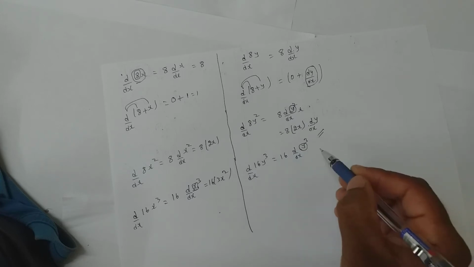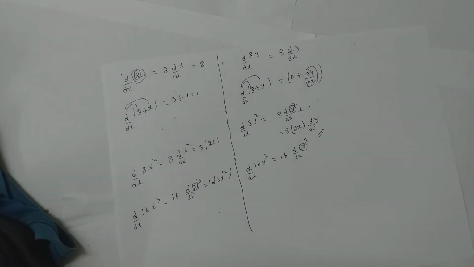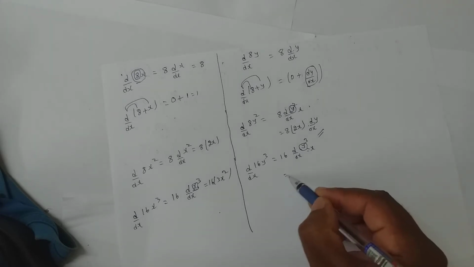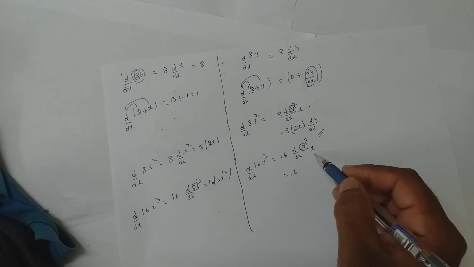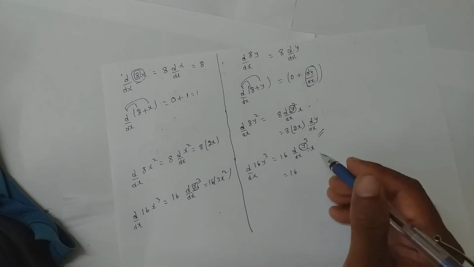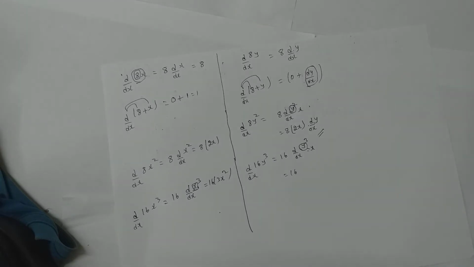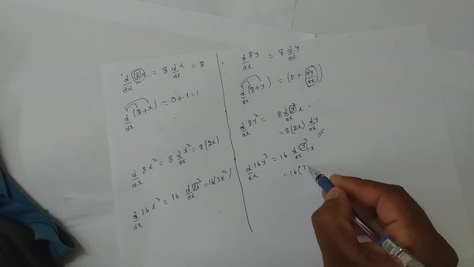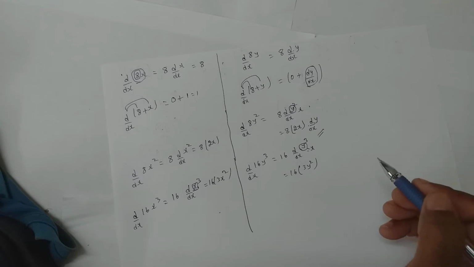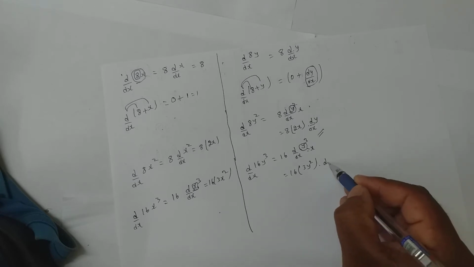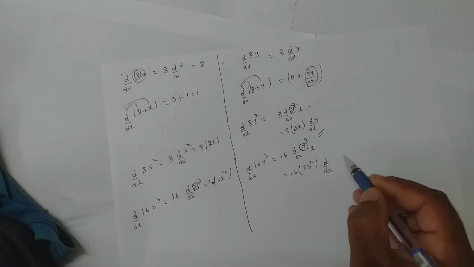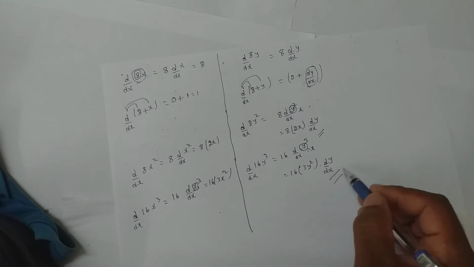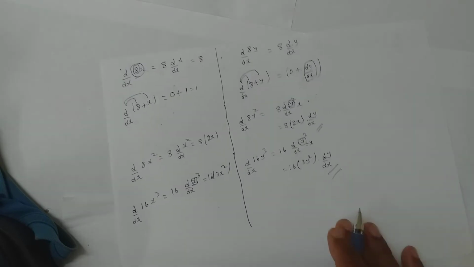In place of x you have something else, so that should be assumed to be x. So it is 16 into, y cube is nothing but x cube, you are assuming y to be x. So x cube differentiation is 3x square. So in place of x you put y, 3y square into d by dx of whatever you have assumed in place of x, y. This is the answer. This should not be missed at any cost.